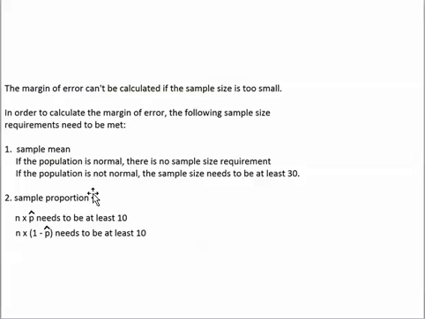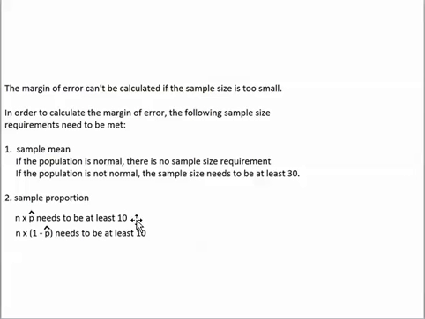If you're using a sample proportion to estimate a population proportion, and you want to calculate the margin of error, this rule tells you how big your sample size has to be in order to calculate the margin of error. If n times p hat is at least 10, and n times 1 minus p hat is also at least 10, then your sample size is big enough to calculate the margin of error.